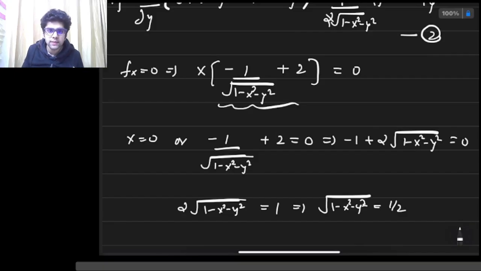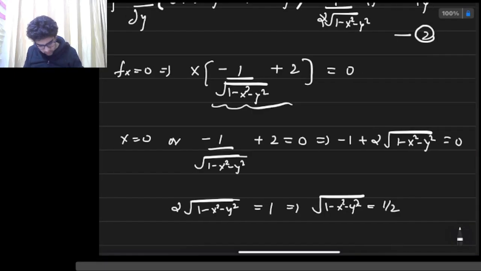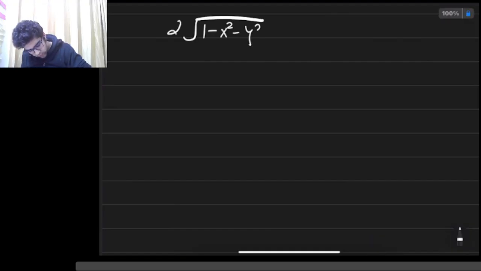I hope you guys can see. Sorry, my font is very small, so let me write this in a larger font. Basically we had 2 into root 1 minus x square minus y square equal to 1, so root 1 minus x square minus y square is equal to 1 by 2.